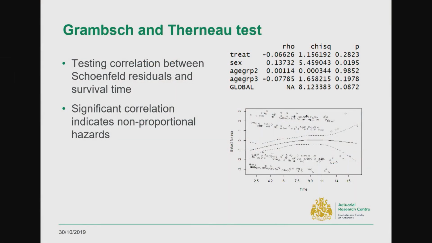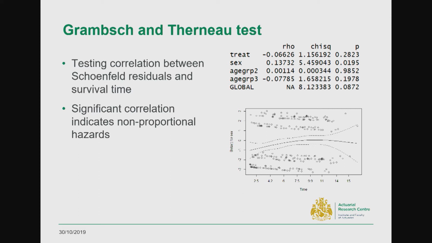In the next slide, we have our covariates: treatment, sex, and age groups. We want to look at the correlation between their Schoenfeld residuals and survival time. From this output, you can see that for sex, the Schoenfeld correlation is significant, whereas for treatment and age groups, they are not.